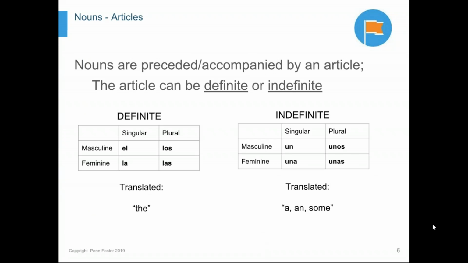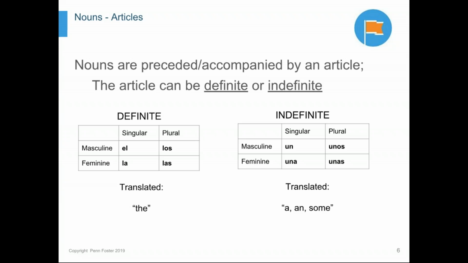So as I said, a noun can be preceded by or accompanied by an article, and those articles are categorized as definite or indefinite. On your slide now you see 2 charts. On the left side you see your Spanish definite articles, 2 masculine, 2 feminine. And on the right side you'll see your indefinite articles, again 2 masculine, 2 feminine. All of the words on the left are translated as the in English: el, la, los, and las.